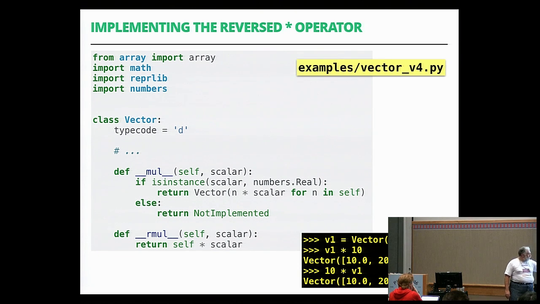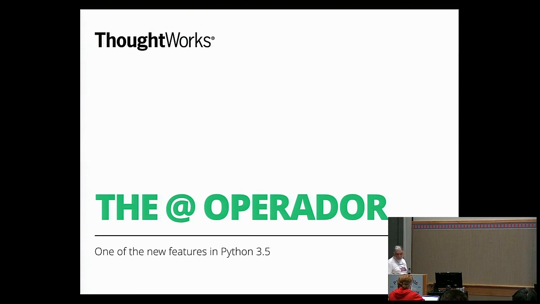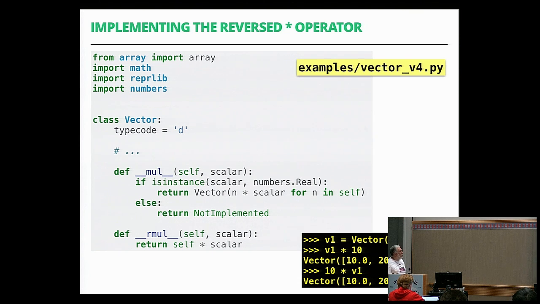And this will, in turn, invoke this, and we get the result. OK? So let's talk about... OK. Yeah, so this example returns a vector.